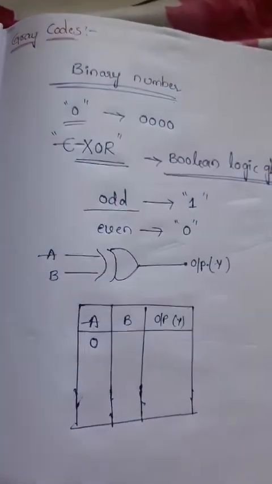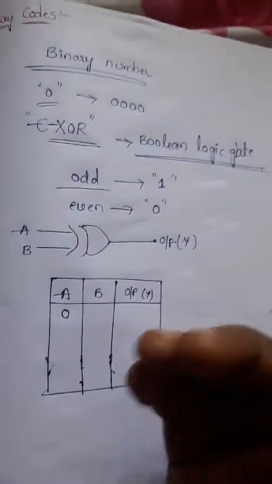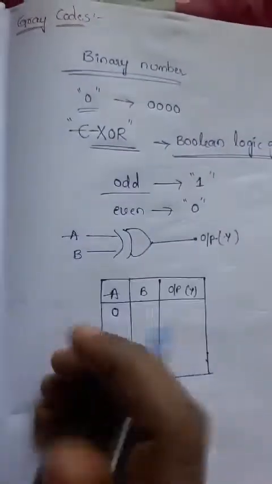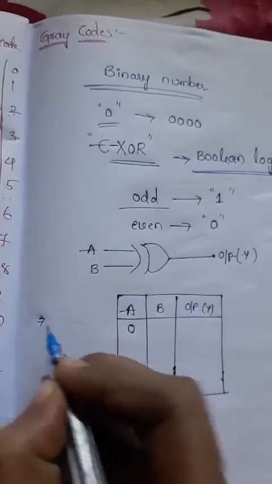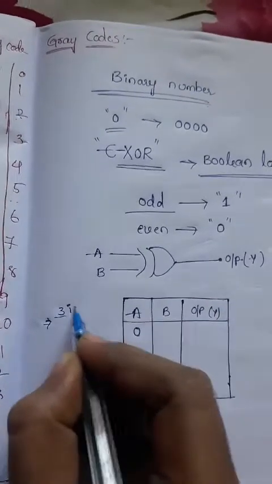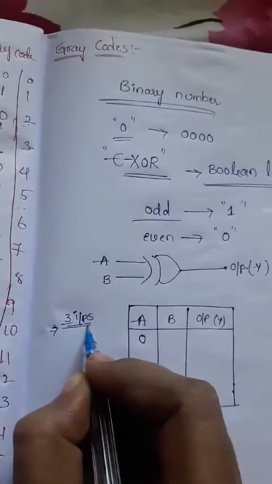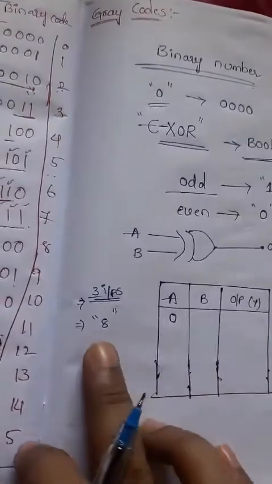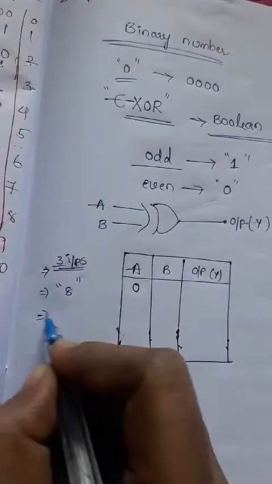Mathematically, how do we mention that output operation? As we know already, if you take 3 inputs, it provides 8 combinations, as we discussed in the previous classes.